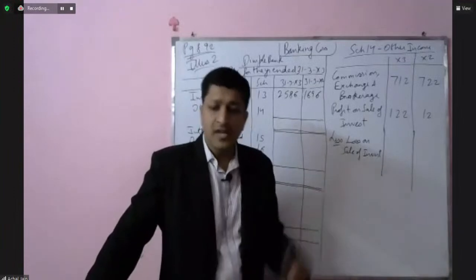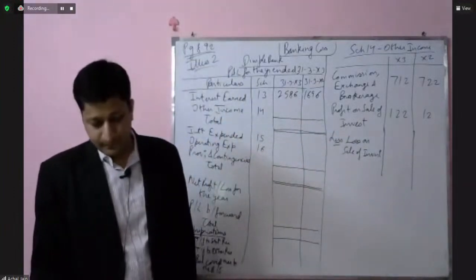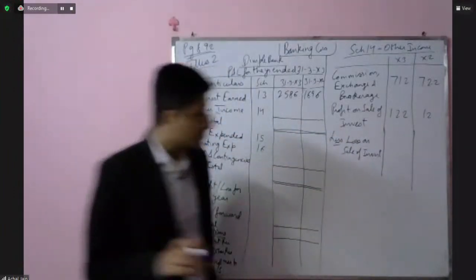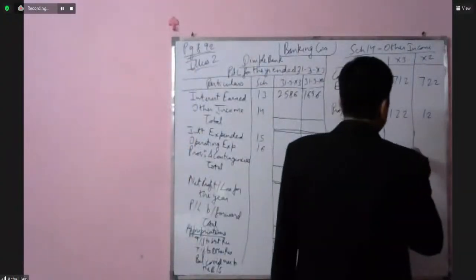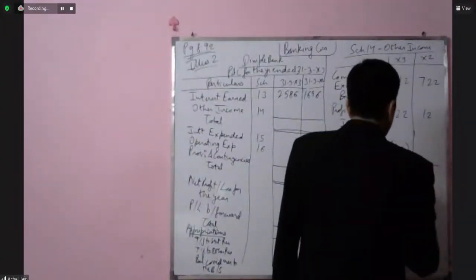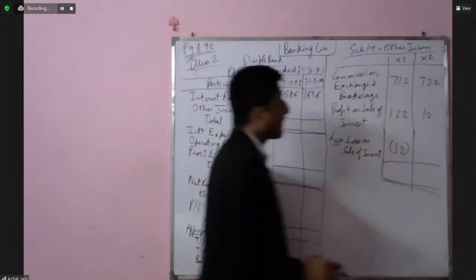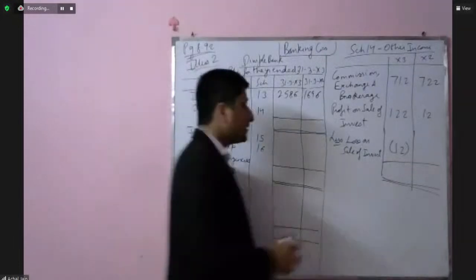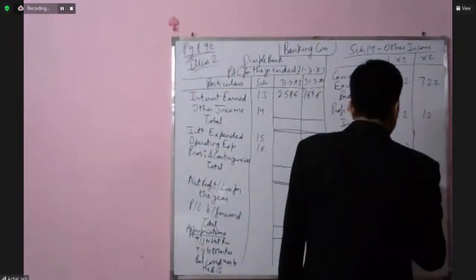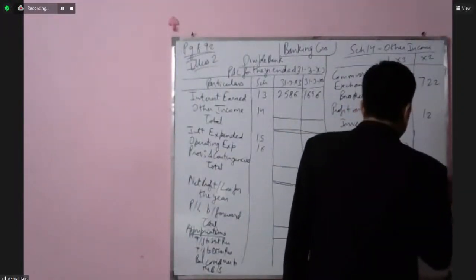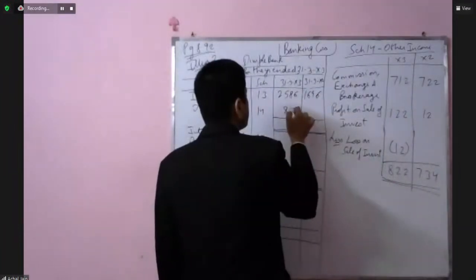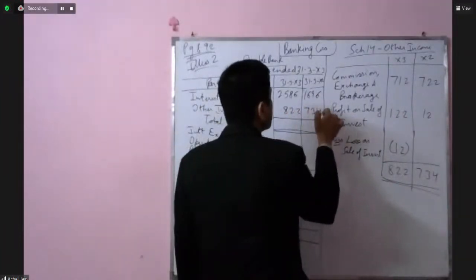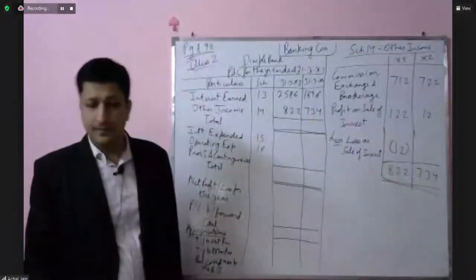You will just do this simultaneously. So what's the amount that we get? 822, 734. We'll move this number over here.